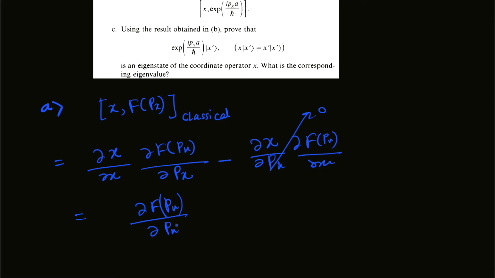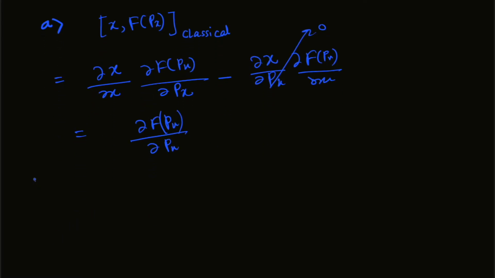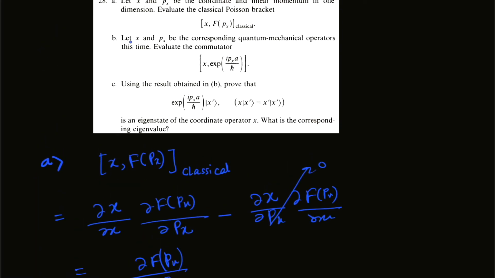Now in question B, it is asked, let x and px be the corresponding quantum mechanical operators. This time evaluate the commutator x comma exponential I px a by h cut.